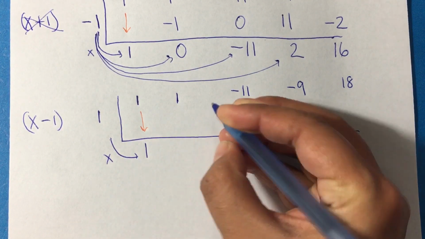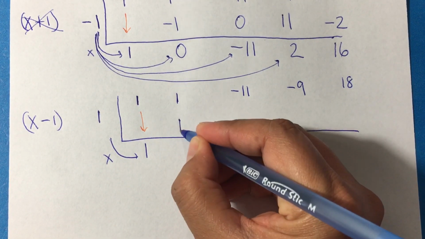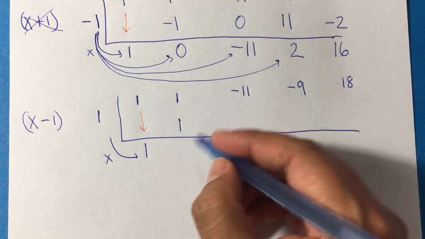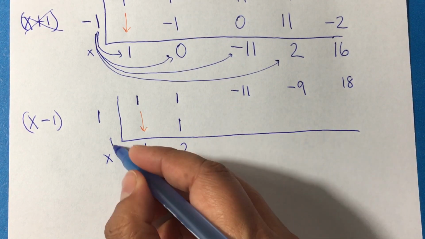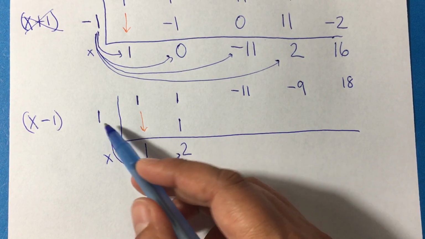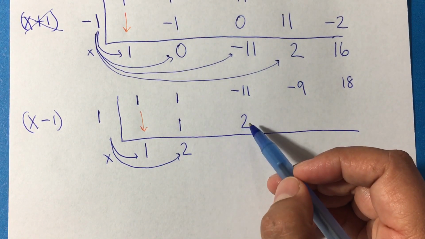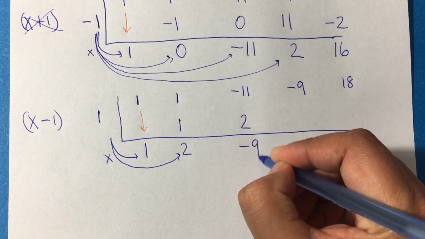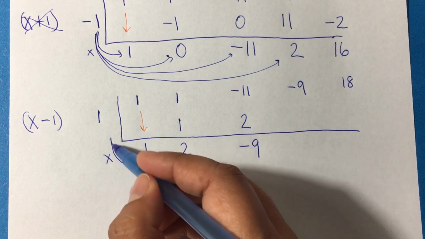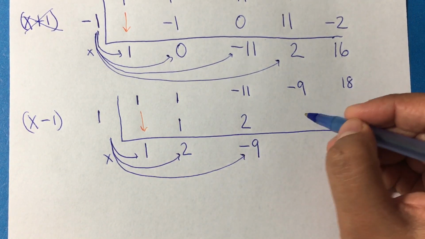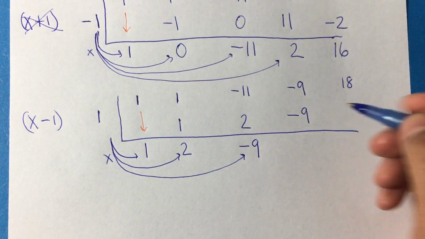So 1 times 1 is 1. We put it up here, and 1 plus 1 is 2. Now we multiply that times 2. So 1 times 2 is 2. Combine that, negative 11 and positive 2 is negative 9. 1 times negative 9 is negative 9.